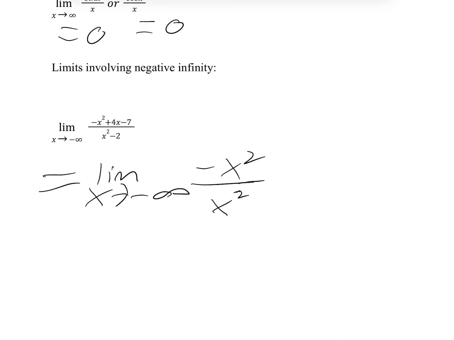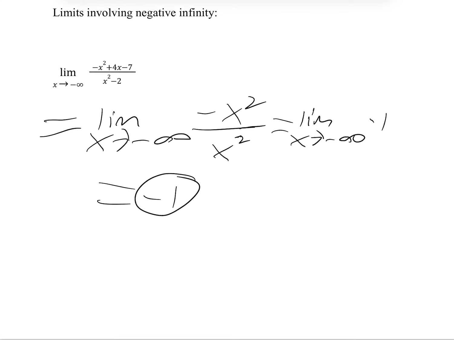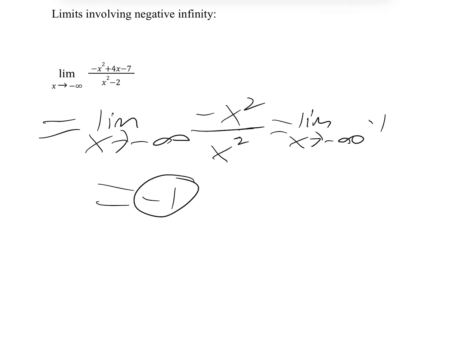Since the power on the top and bottom is equal, we have to consider the coefficient. Really, you should consider the coefficient every time to make it easier on yourself, but those will go away. That equals the limit as x goes to negative infinity of -1. This equals -1.